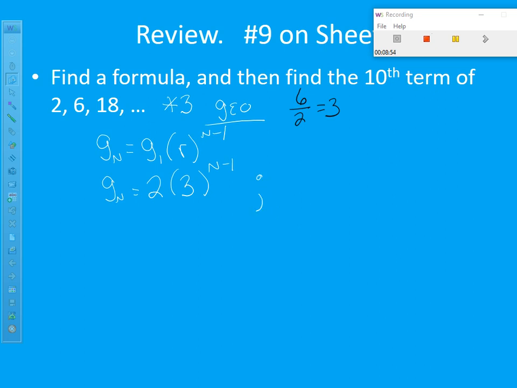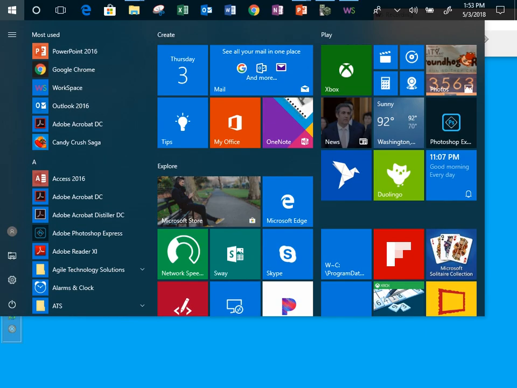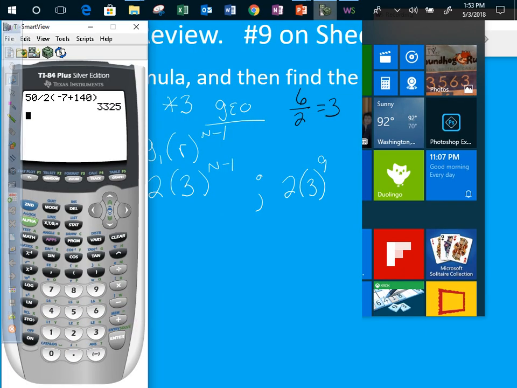Now the second piece of it, to generate the 10th term, 2 times 3 to the 10 minus 1, which is 9, and we're just going to run that through your calculator. So I'm going to go 2 times 3 to the 9th, and it looks like I get 39,366.